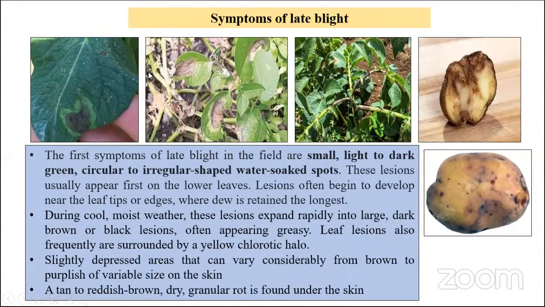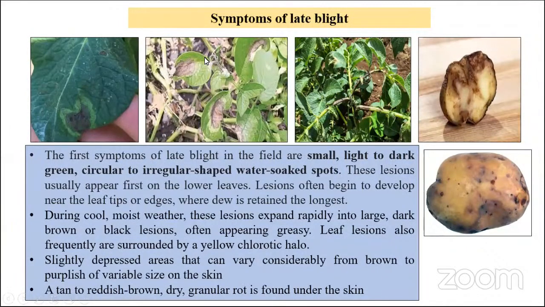These spots join together and form larger necrotic lesions, which cover the entire leaves; initially these are water-soaked lesions. The leaves get necrosis, and the pathogen then spreads to the stem and other plant parts.